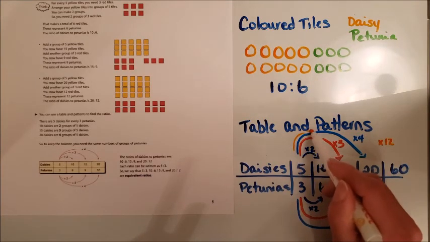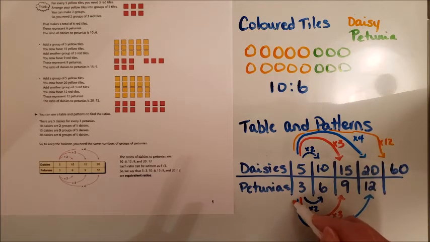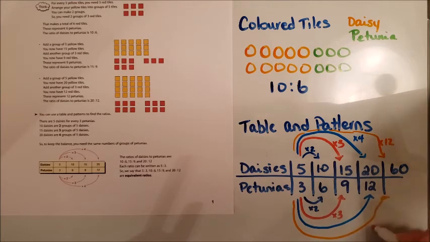So here I multiplied by 12. So over here, I'm going to multiply by 12 again. And so 3 times 12 is 36. Now, when we start looking at a number like this, we can see why maybe it wouldn't be the most fun thing to have to draw pictures for everything.